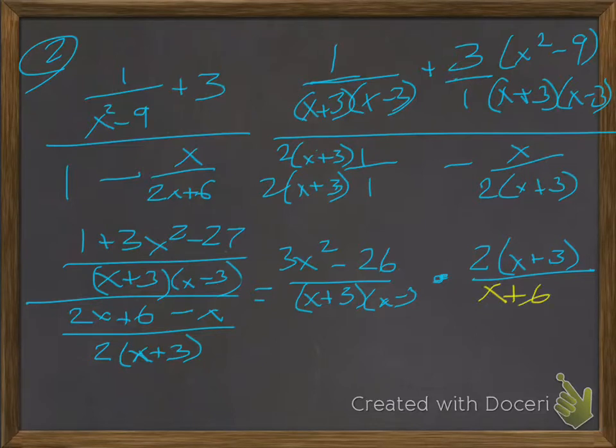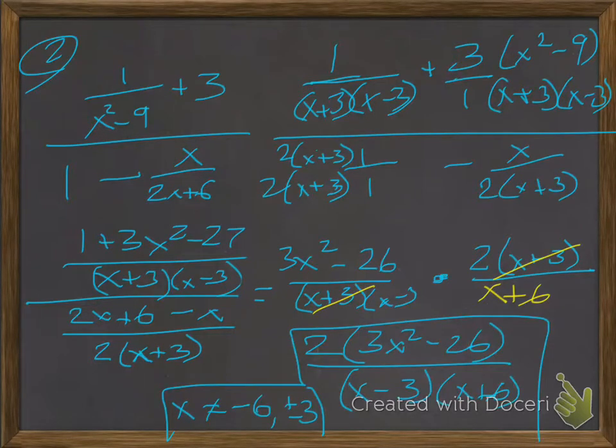So from here, my x plus 3's can cancel out. So I'm not sure where it stopped recording, but here's the answer with the restrictions, -6 plus or minus 3.